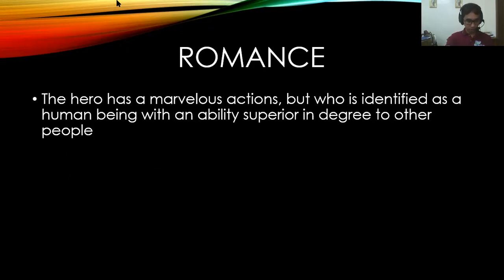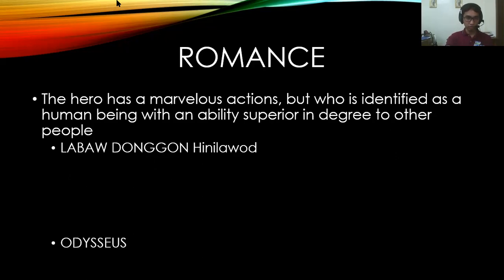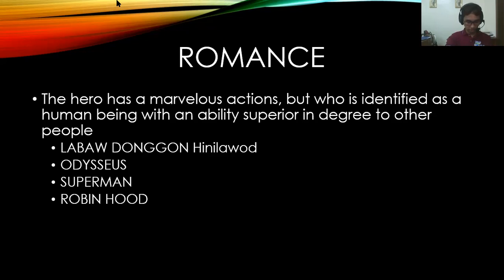This is the story mode where the hero performs marvelous actions, but is identified as a human being with an ability superior in degree to other people and his environment. Think of Labaw Donggon of Hinilawod, Odysseus, Superman, Robin Hood. Those are examples of characters categorized in fiction according to Frye.